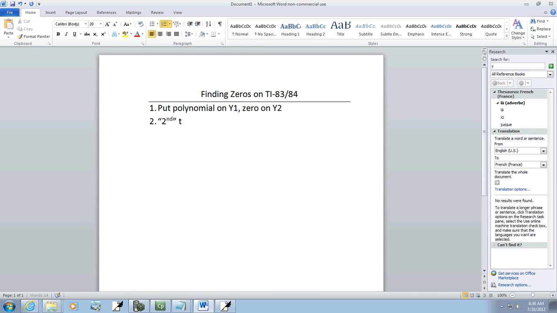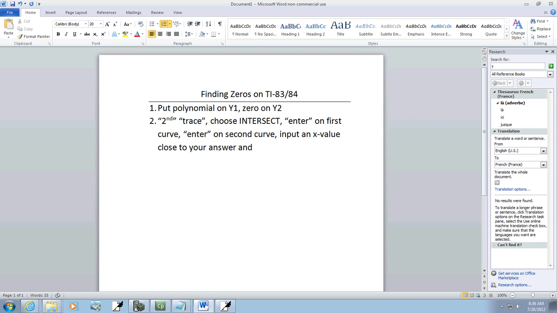Do a second trace. Choose intersect. Enter on first curve. Enter on second curve. Input an x value close to your answer, and press enter for the guess.